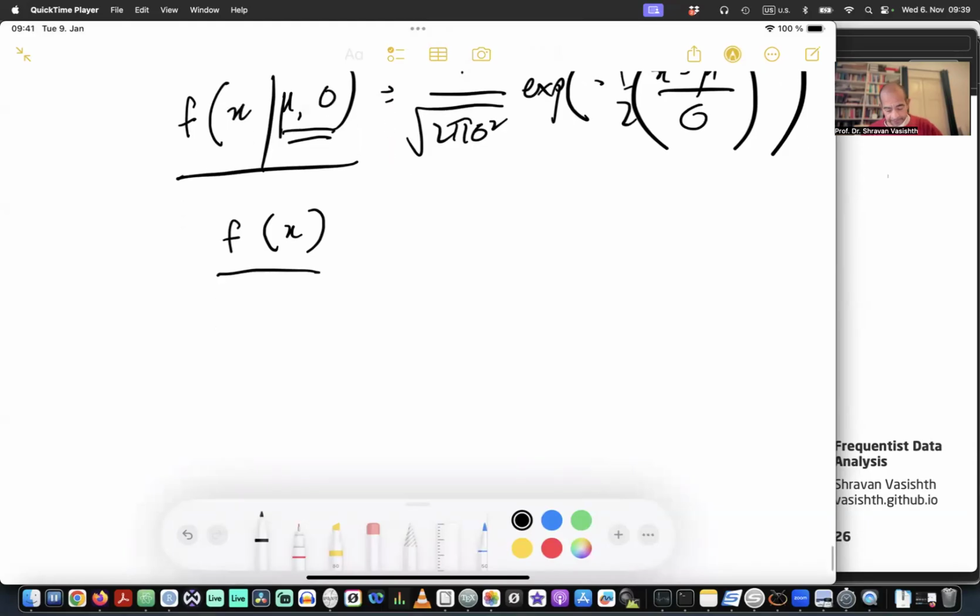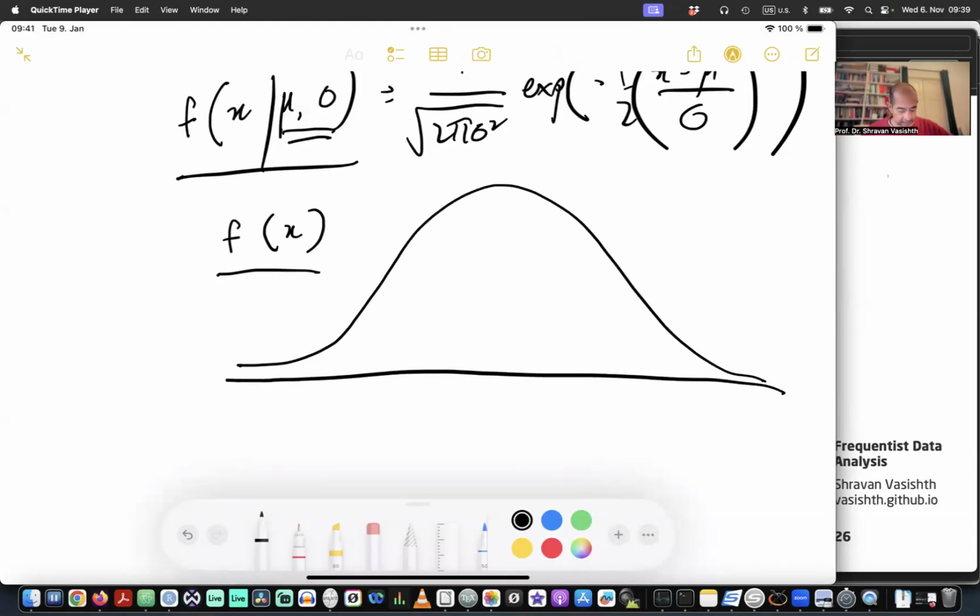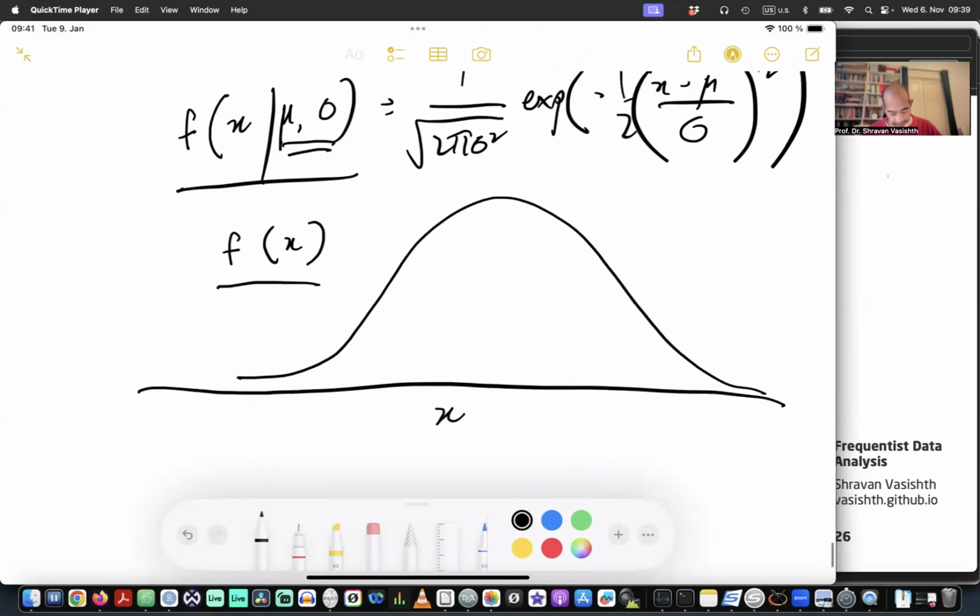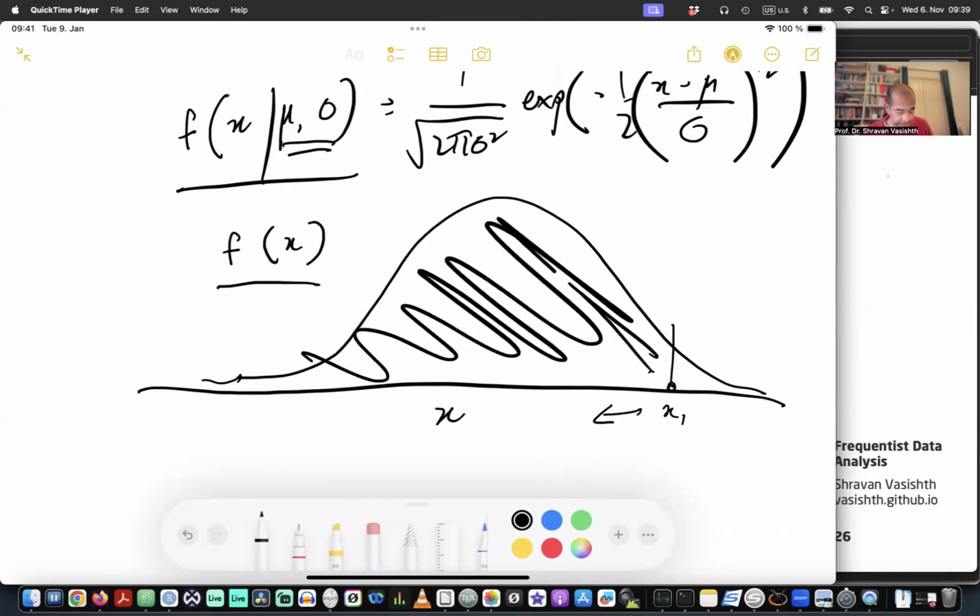Now, as I said, this probability density function allows me to compute the probability of observing a value like x1 or something less than that. How would I do that? Compute the area under the curve, right?